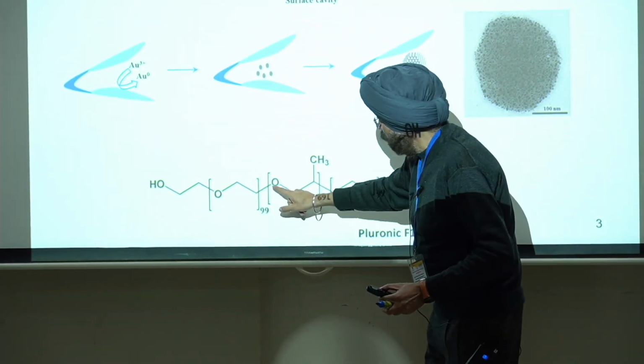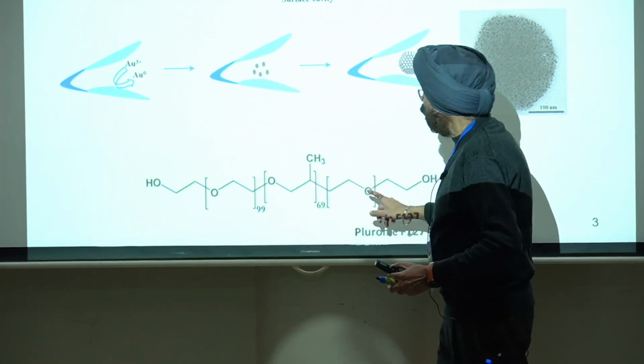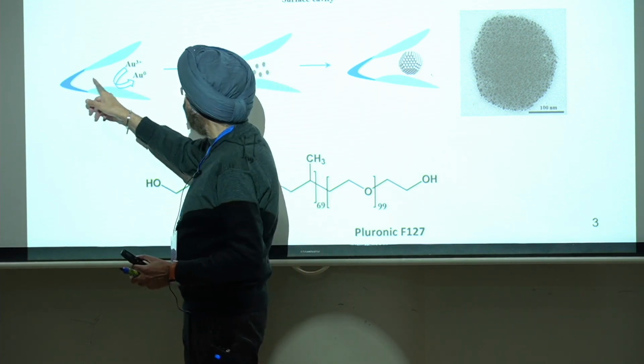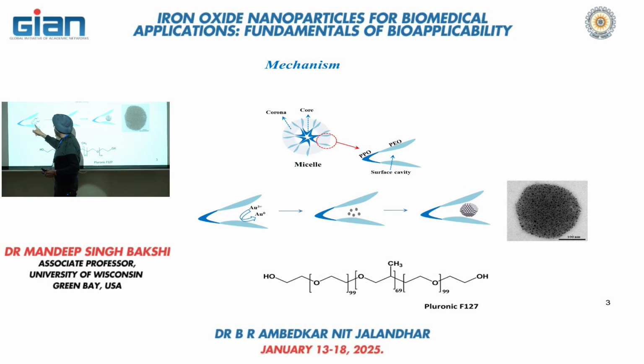These ether oxygens have electron density because of the lone pairs, right? And these ether oxygens are providing it to the gold atoms. Once gold atoms are created, the nucleating center is created. That nucleating center converts eventually into a full-fledged nanoparticle. So that nanoparticle grows all over the surface cavities.